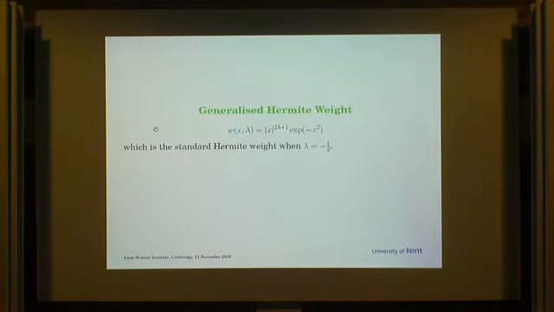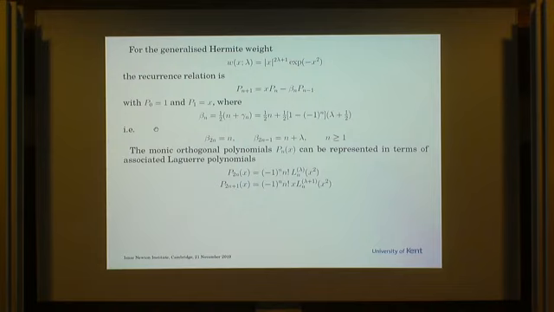Okay, so let me first look at this generalized Hermite weight. If we have lambda equal to minus a half, we just have the classical Hermite weight. Now this is a well-studied one, but it is the recurrence relation, the beta_n, and the beta_n has a (-1)^n, so that the recurrence coefficient varies as to whether n is even or odd.